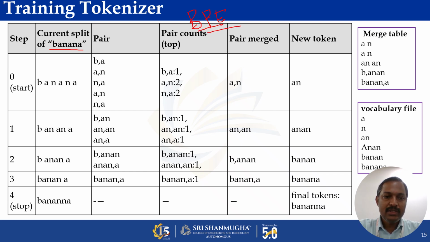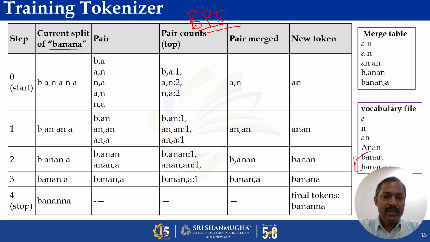For example, start with banana. Initially we take the non-repeating characters. Normally two files are created: one is the merge file, another one is the vocabulary file. Within the vocabulary file we add the vocabulary, and from this vocabulary file the IDs are assigned.